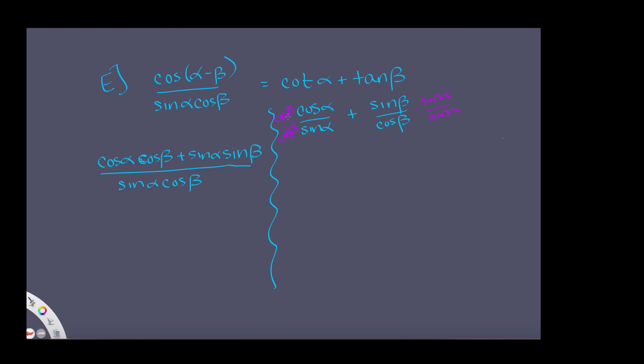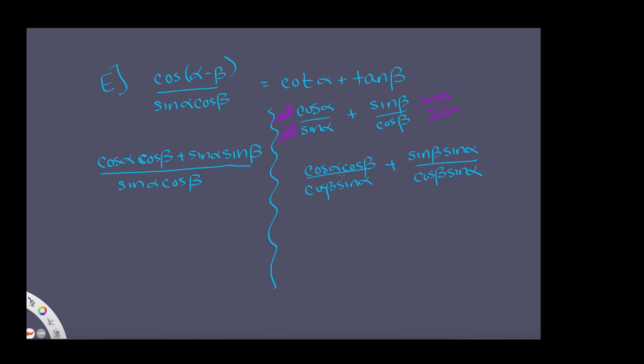Right, but again, cosine beta times cosine alpha is simply cosine alpha cosine beta. It's nothing other than that. And that's going to be over cosine beta sine alpha plus sine beta sine alpha over cosine beta sine alpha.